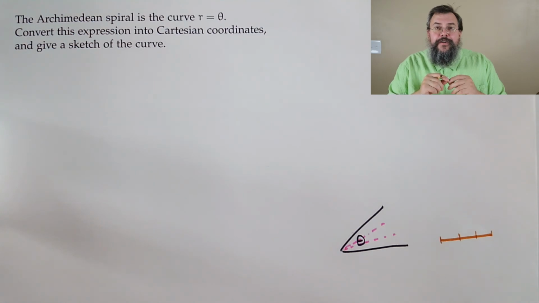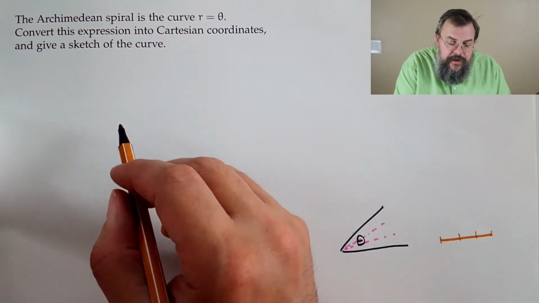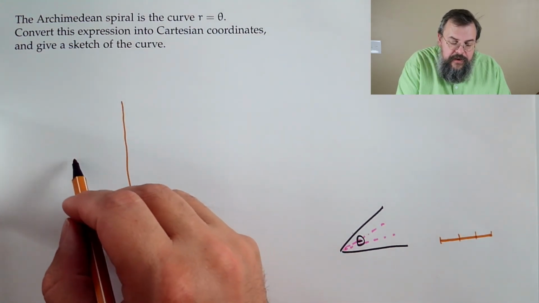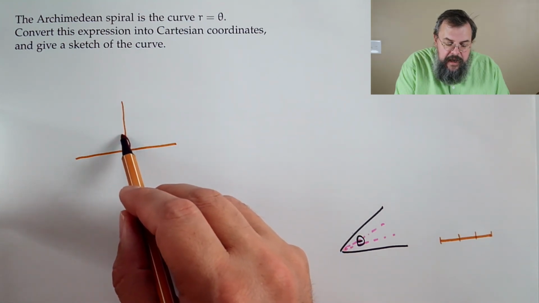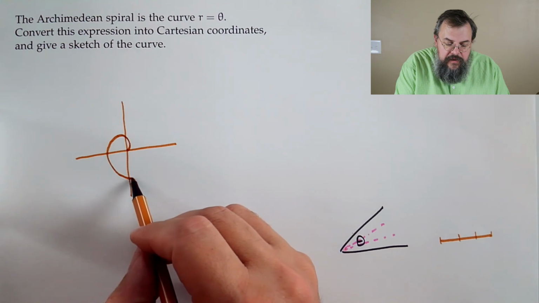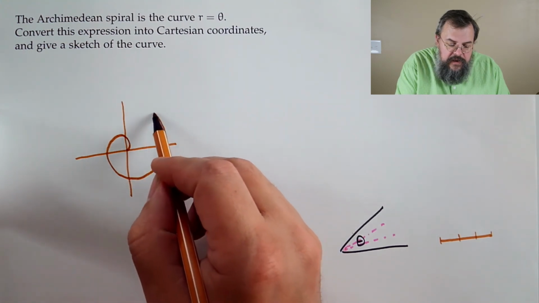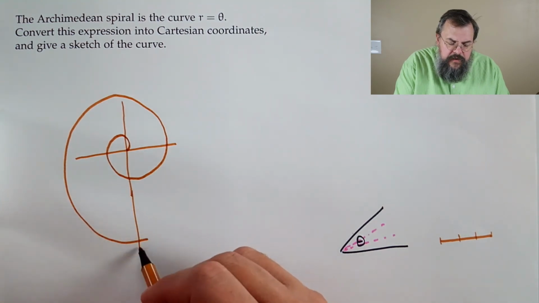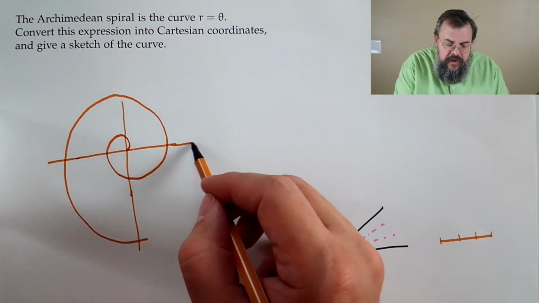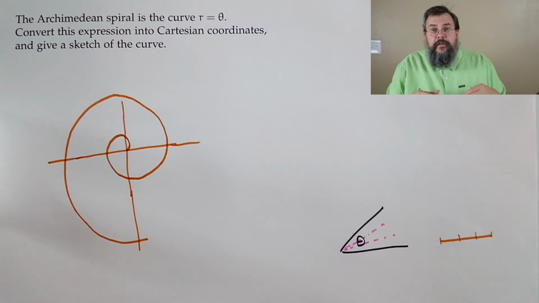Because then if I wanted to trisect an angle, I would only have to trisect a length, which means I could do it. And so that's the curve. So it's the curve that does something like this. It comes out, and as your angle increases, your distance out increases. So that's the Archimedes spiral. All right, so that's what it is. So as you let theta grow, r grows with it.